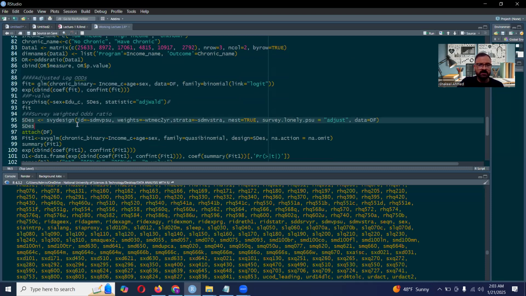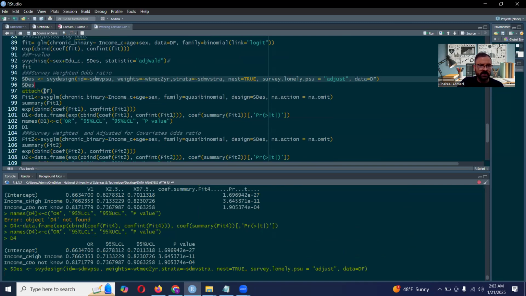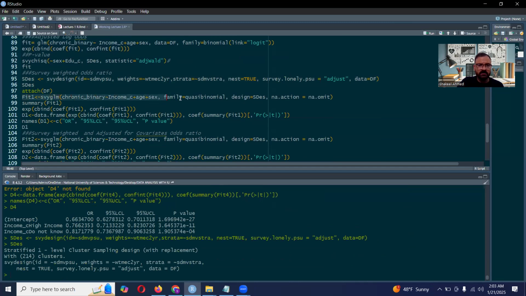We again obtain the survey design object, and we have the data already attached, and we are basically running a simple model. I'm just running it on, for example, income without including other variables. That is, income is the exposure and the outcome is the chronic condition.